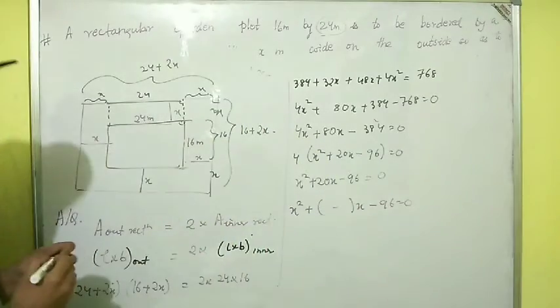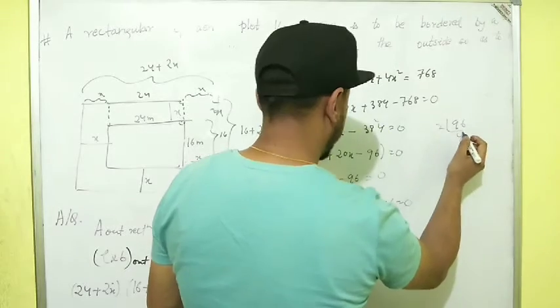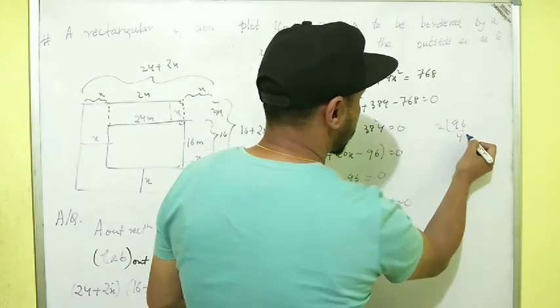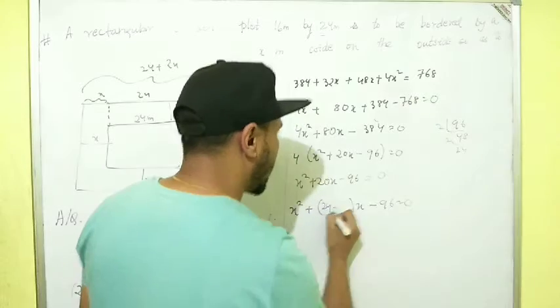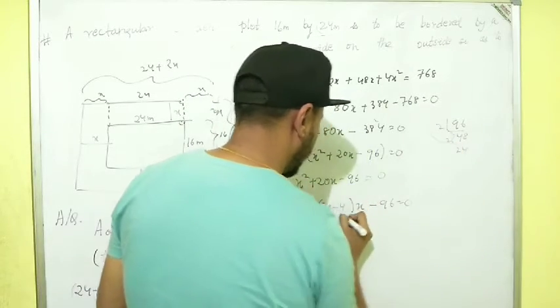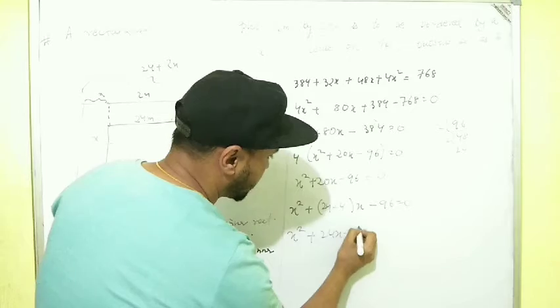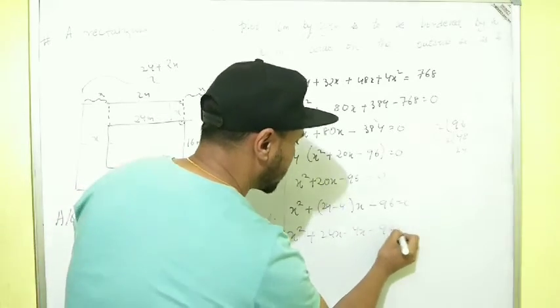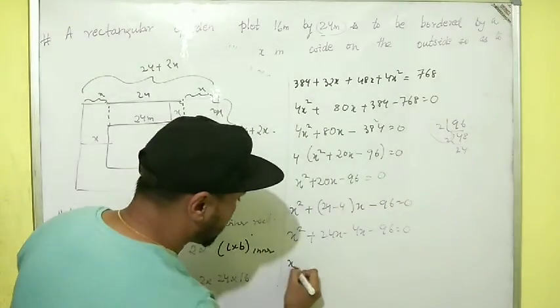Now here is minus, so I will break the middle term. So let's take the LCM. 2 4s are 8, then 2 8s are 16, 2 12s are 24, 2 2s are 4. So 24 minus 4 will be here. So x squared plus 24x minus 4x minus 96 is equal to 0. Alright, so let's take x common.